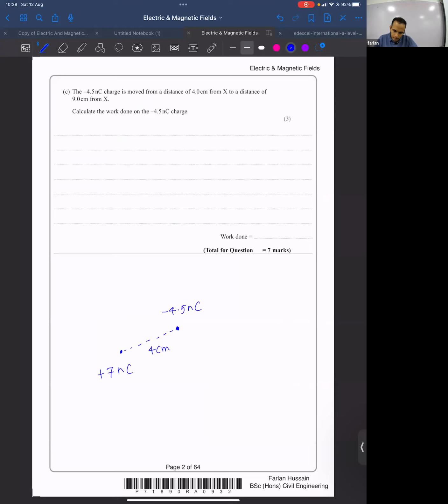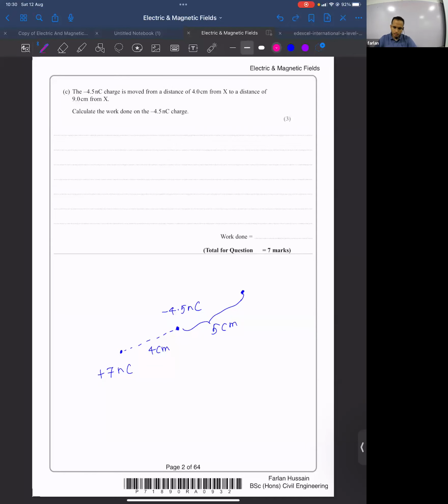The minus 4.5 charge is moved from a distance of 4 centimeters from X to a distance of 9 centimeters from X. So that means from here you move this charge a further 5 centimeters. Correct? It's moved from here to here.